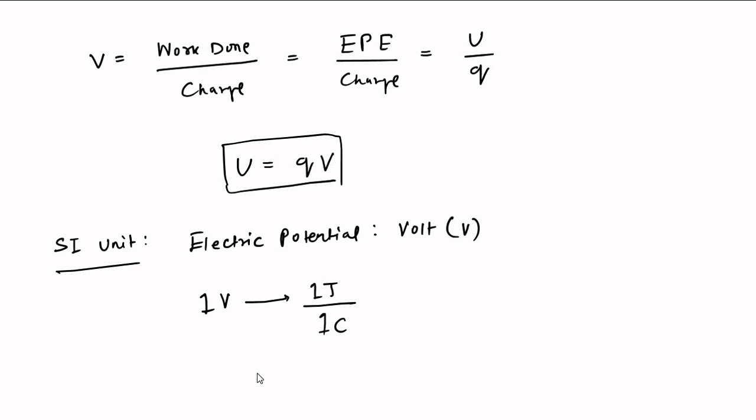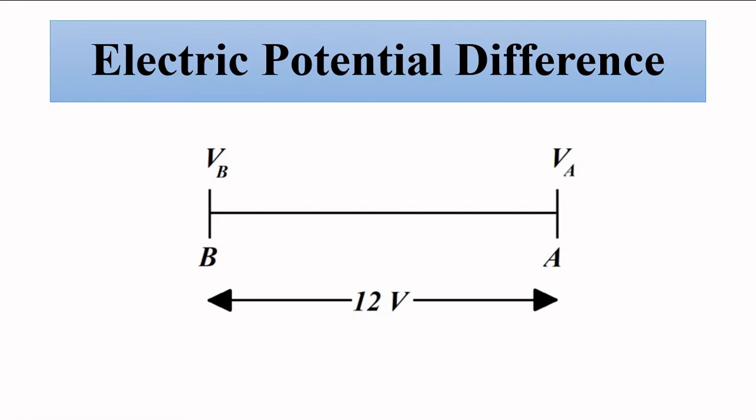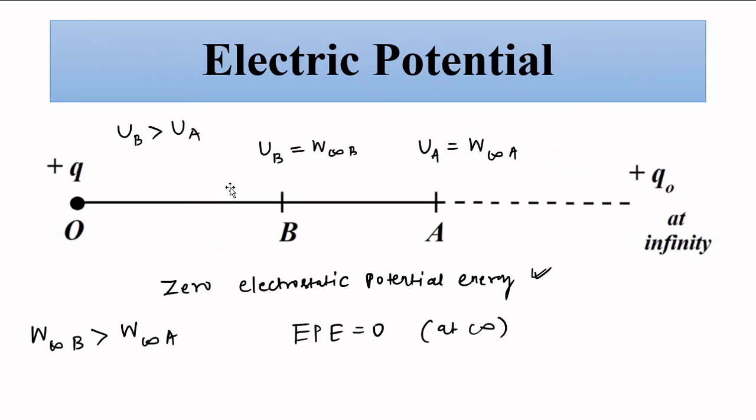Now electrostatic potential difference, electric potential difference between any 2 points. Electric potential is defined at any particular point with respect to infinity, from infinity to that point, so it is absolute, because the reference potential energy at infinity is defined as 0.